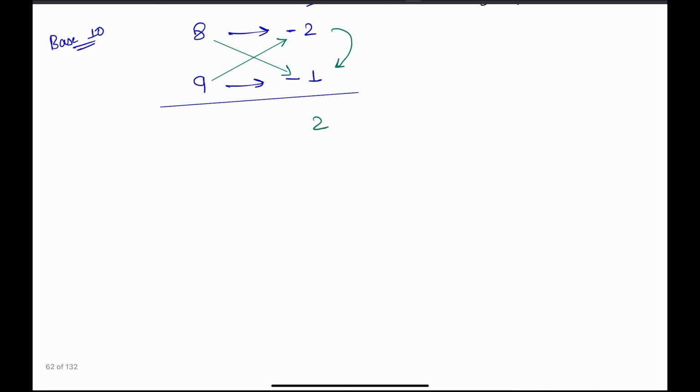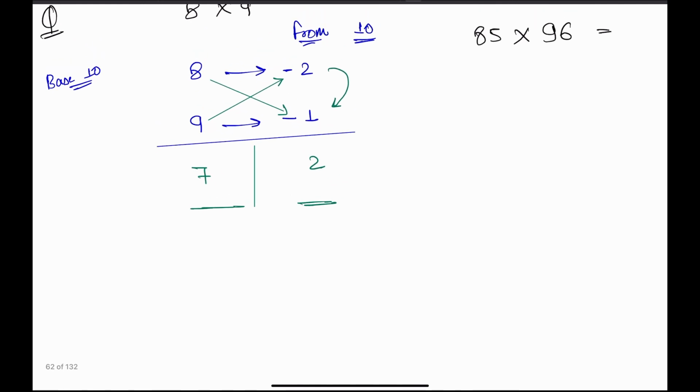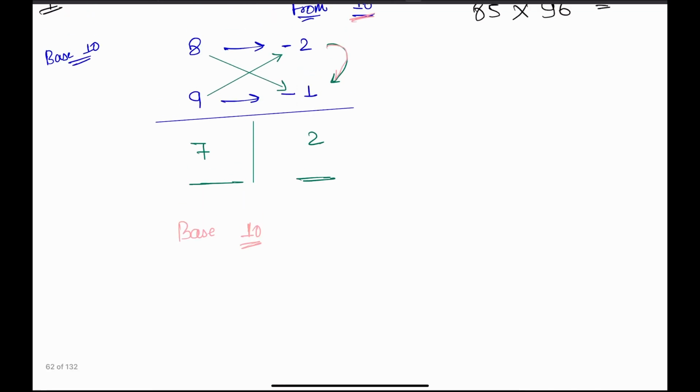If I add 9 plus minus 2, that will be 7, or if I do 8 minus 1, that will be 7. Let's understand what I did. When the base is 10, we multiply this negative part, or whatever is remaining, only in the units place. In the tens place we have done this addition part.